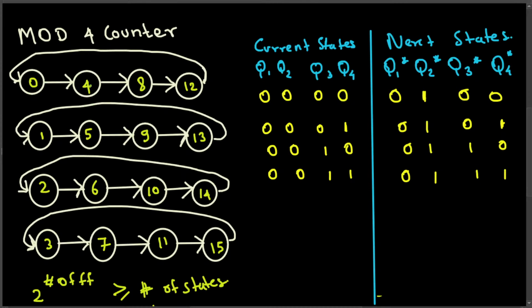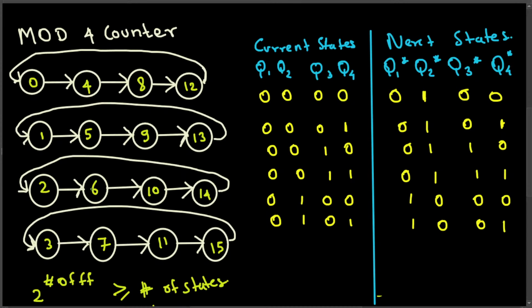Now let's look at the next one. If it's 4, what's the next state? 4 is 0, 1, 0, 0. The next state is going to be 8, that is 1, 0, 0, 0. If it's 5, 0, 1, 0, 1, the next state is going to be 9: 1, 0, 0, 1.